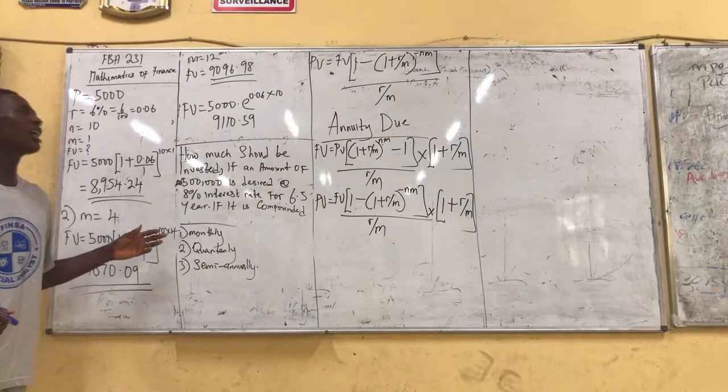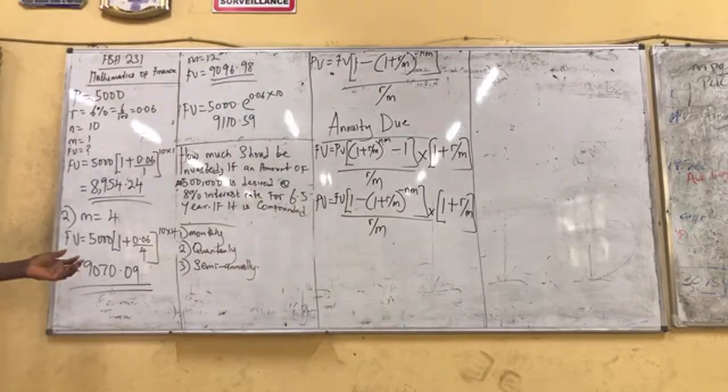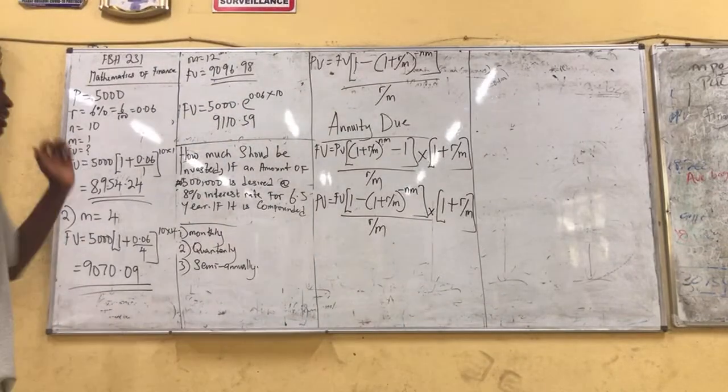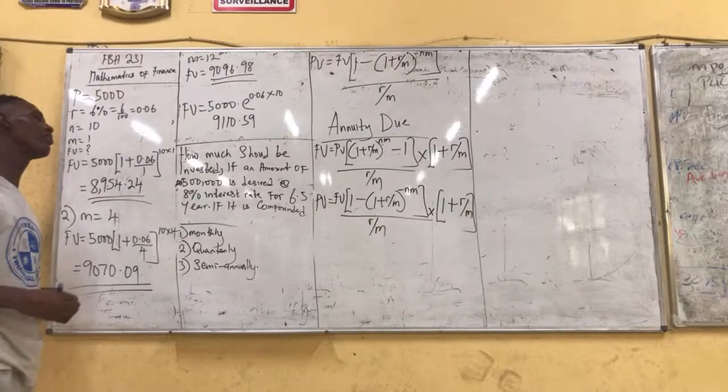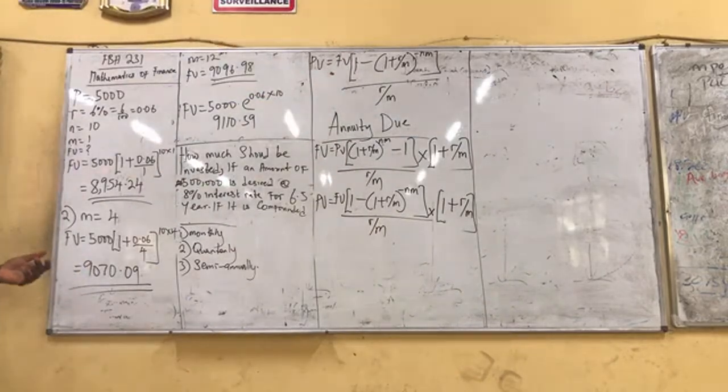Alright, so you should attempt this right now. How much should be invested if an amount of 500 naira is desired at 8% interest rate for 6.5 years, if it's compounded monthly, quarterly, and semi-annually. Now, what is annually?